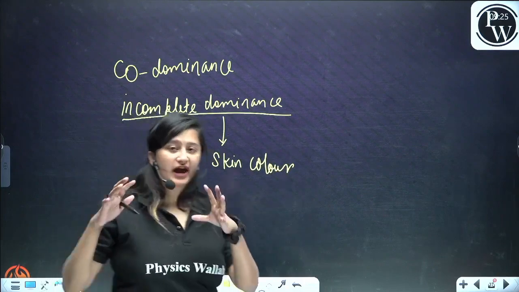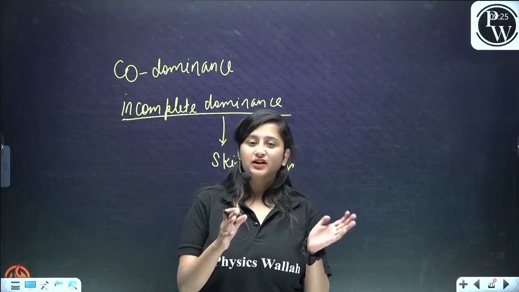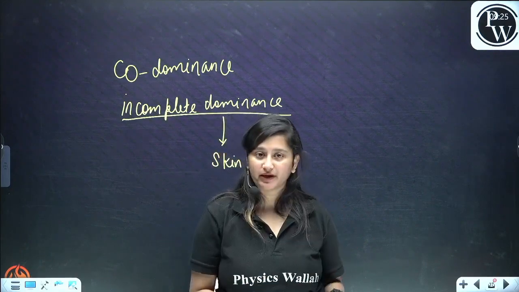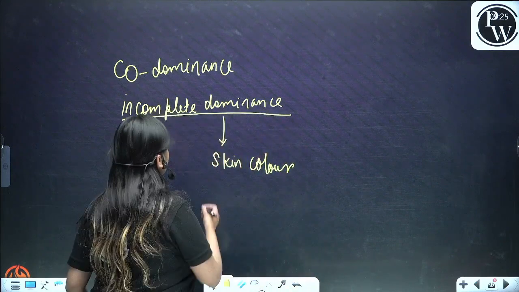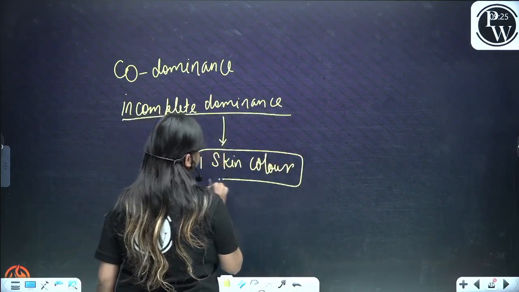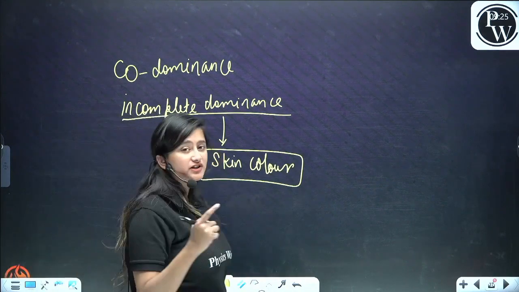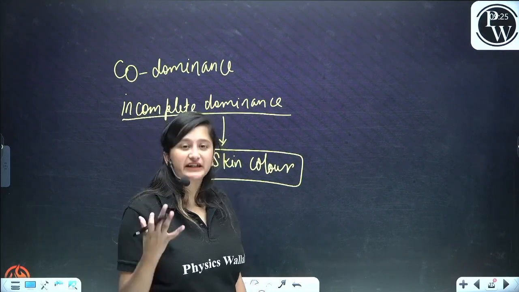Suppose you are very fair and your partner is a dark one. Either the color should be darker or fair. But here we have a whitish color also, right? So that's skin color. Now this is incomplete dominance, because the dominant one, the fair one, couldn't express itself completely.